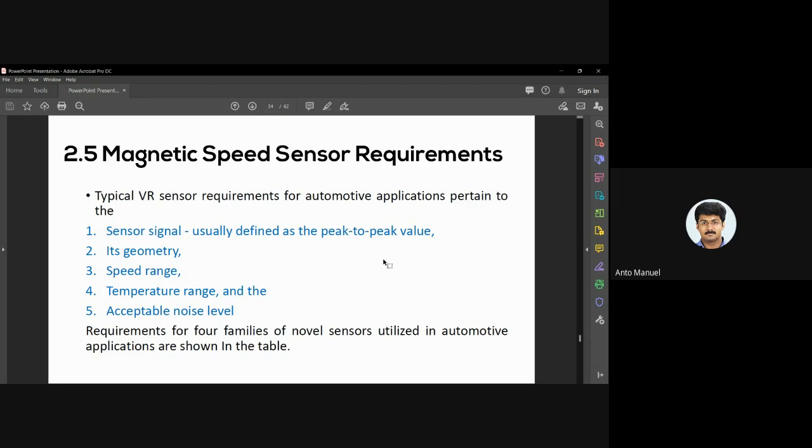If the voltage is changing in the microvolt range and your system is affected by external noise, that may give you some faulty results. Is your system capable of giving a highly stable output even in a noisy environment? That we also need to consider here. These are all the main requirements of magnetic speed sensors.